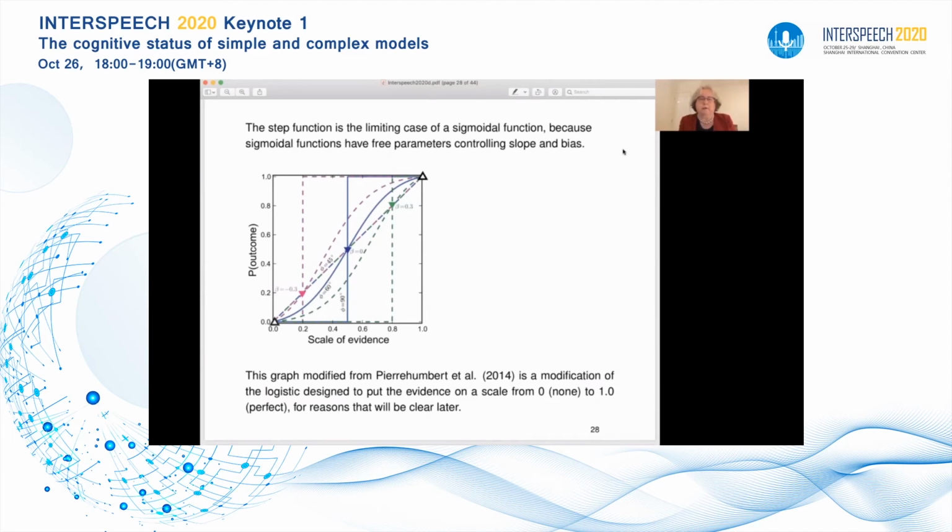And then for the logistic and for many other sigmoidal functions, you have a second free parameter, the bias, and that could move the curve left or right. And so if it's a step function, it will move the threshold left or right. And this particular graph is actually a modification of the logistic designed to put the evidence on a scale from 0, that is no evidence, to 1, perfect evidence, for reasons that I'm going to come back to later.